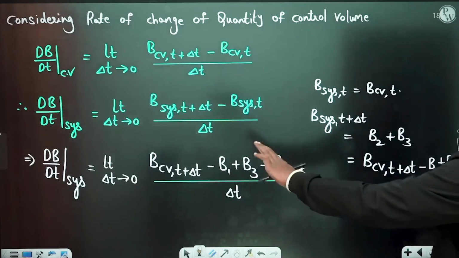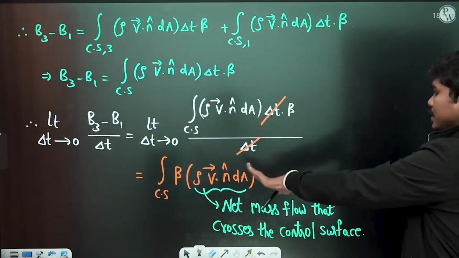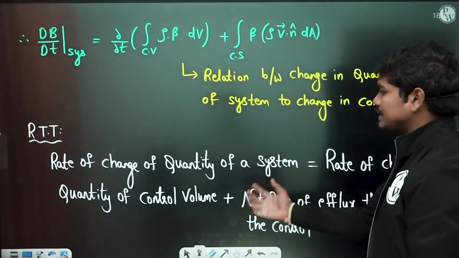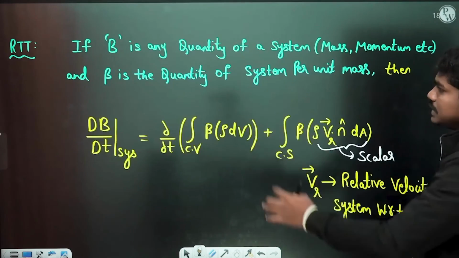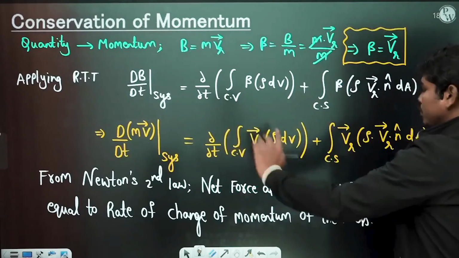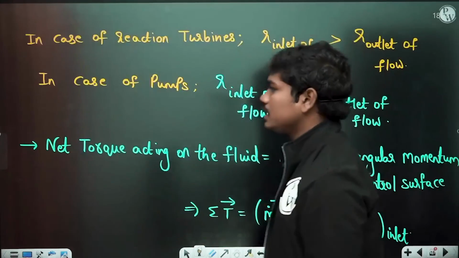We did certain mathematical analysis for identifying mass flow rates and derived finally the Reynolds transport equation. We then applied this equation to mass independently, then to momentum, and also to the angular momentum case. These are the things we discussed in today's session.